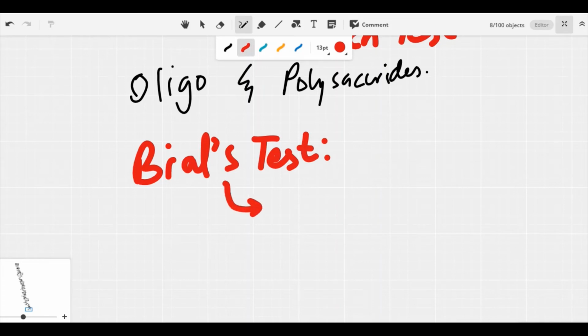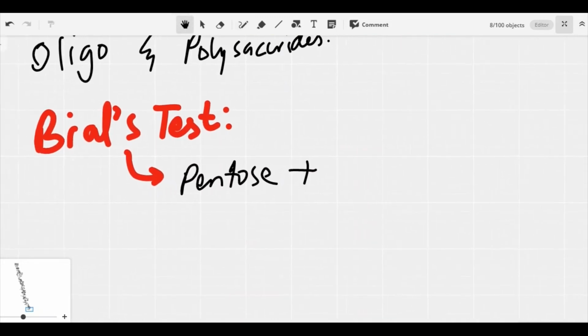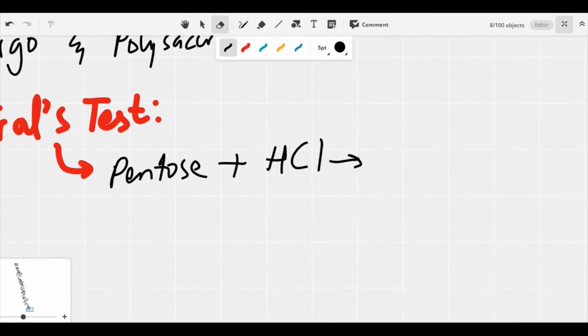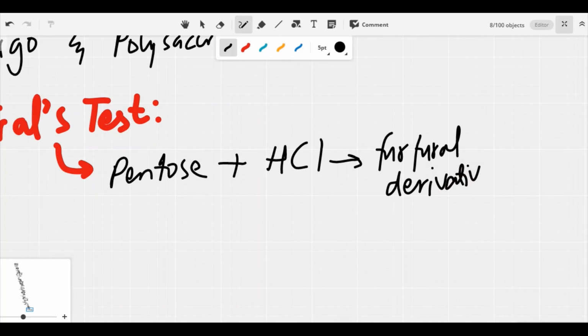In Bial's test, pentoses react with strong acids like sulfuric acid to form furfural derivatives, which in turn react with orcinol.